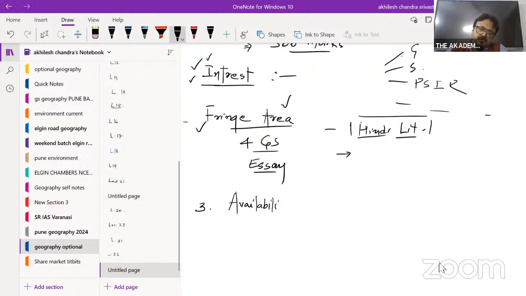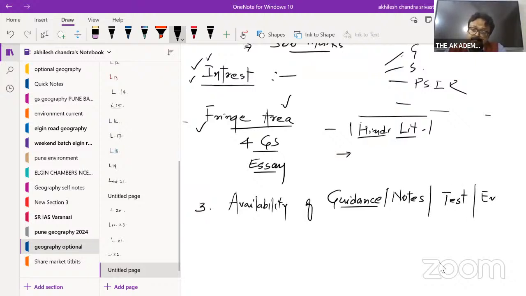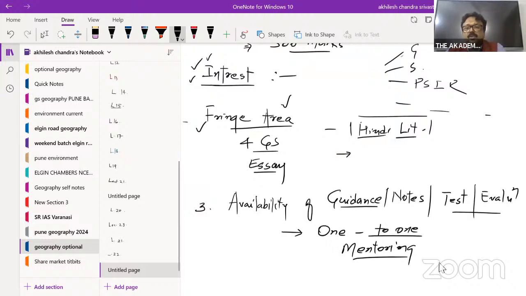Notes, not only notes, but also tests, not only tests, but proper evaluation, and not only evaluation and tests, but one-to-one mentoring, so that you can feel enriched and go for qualitative enrichment in your answers, isn't it?